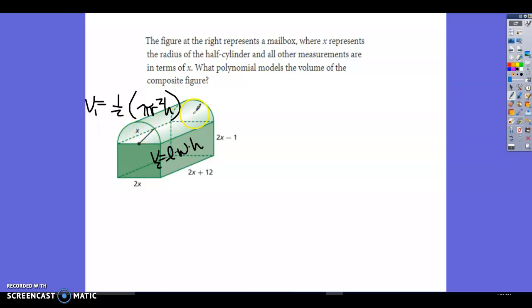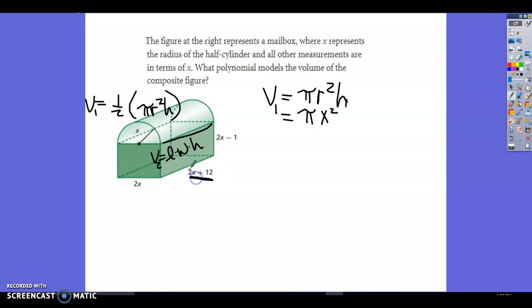All right, so let's look at what we have. If we start with the top, the half of the cylinder, let's start with just what a cylinder is. So we're going to have pi r squared h, and if we look at what we're given, r is x, so we can plug in x for the r here, and it's r squared, so x squared, and then h is the height, but the height is this distance here.